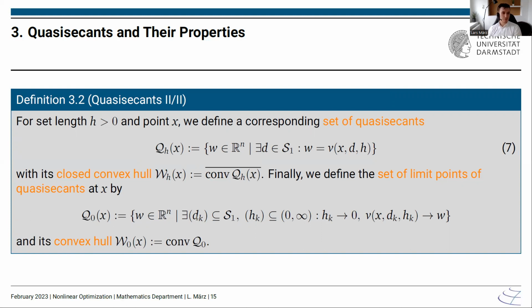And then again, we take the convex hull and get W0. As Q0 is already closed, we don't take the closed convex hull, but only the convex hull now.